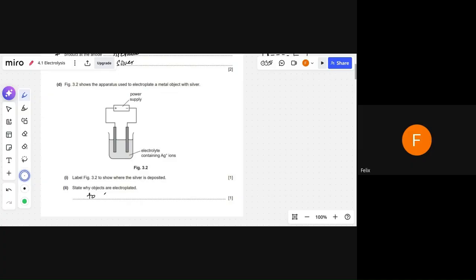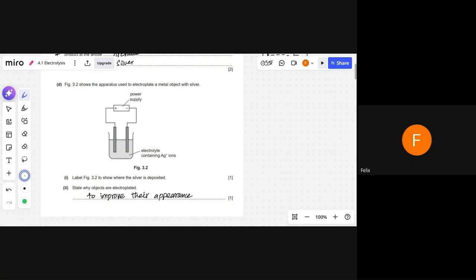So we can use an easier version of this answer: to improve their appearance. You can also say to improve resistance to corrosion, but you may write the spellings incorrectly, like resistance and corrosion.